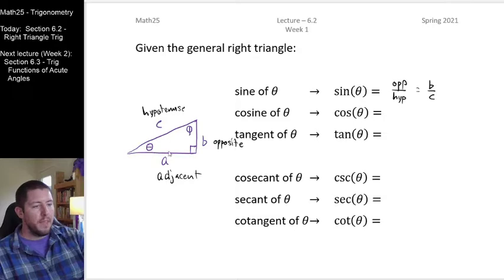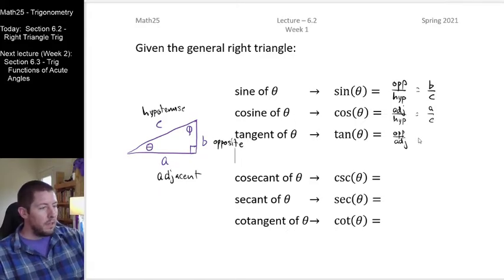Cosine, we will define the cosine of theta to be the adjacent over the hypotenuse, which looks like A over C. And the tangent of theta we will define to be the opposite side divided by the adjacent side. That looks to me like B over A in this setting.